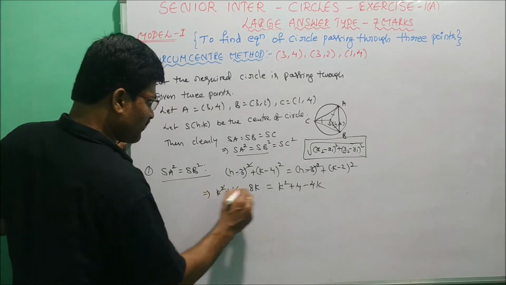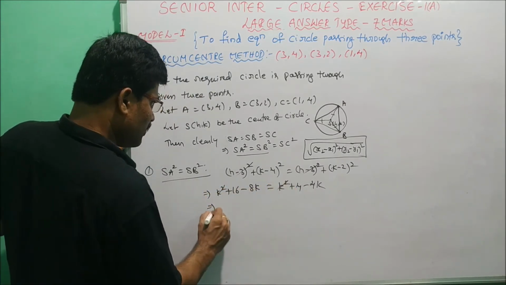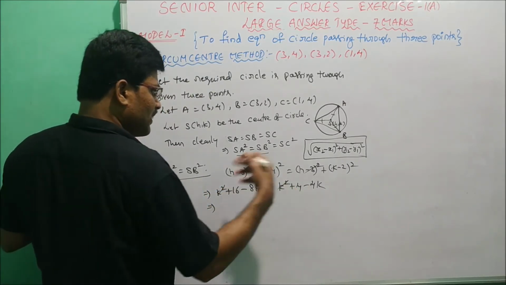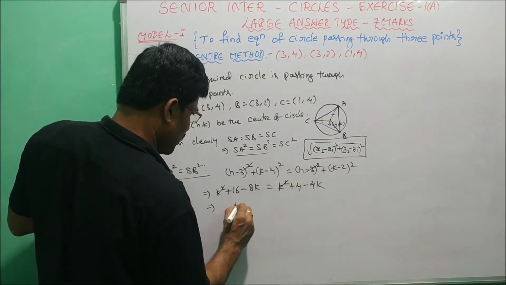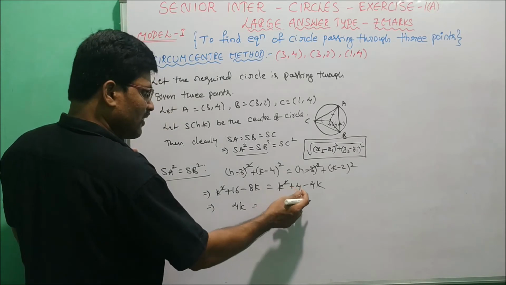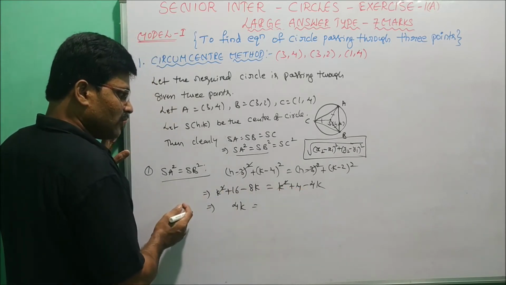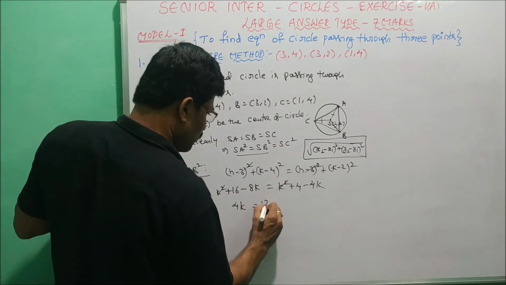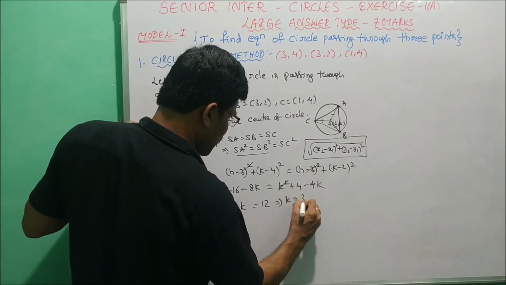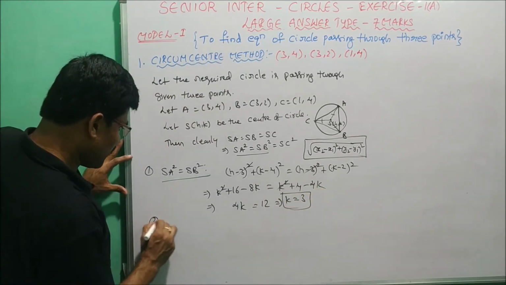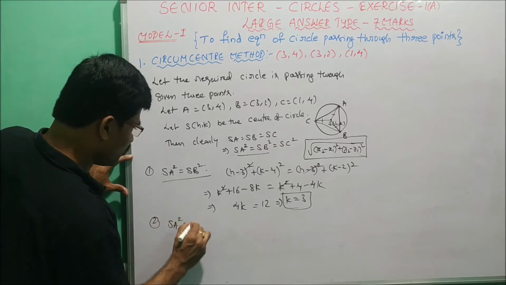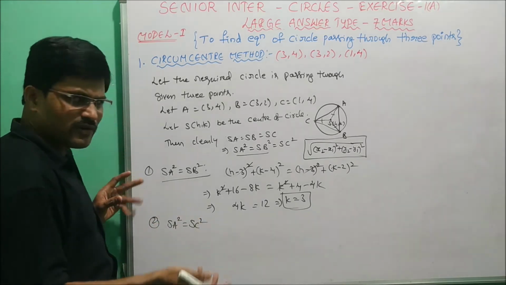On both sides k square also cancels. Here we take minus 8k to the right side, plus 8k minus 4k, that is 4k. Then 4 can be taken to the left side, 16 minus 4 is 12. In this, k equals 3. Similarly, we take SA square equals SC square, or SB square equals SC square.